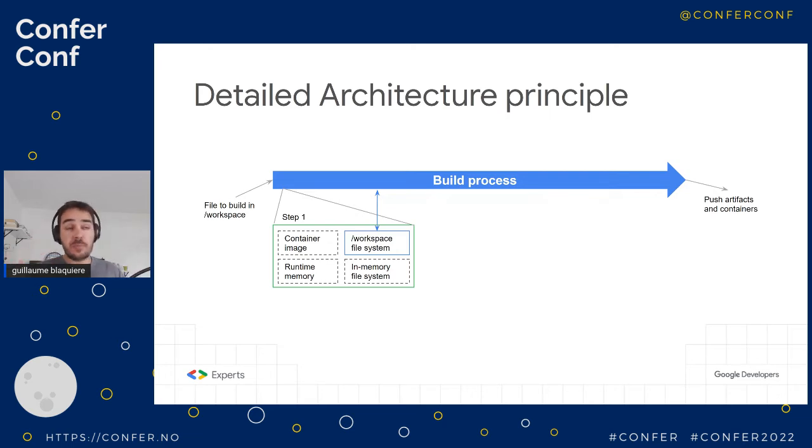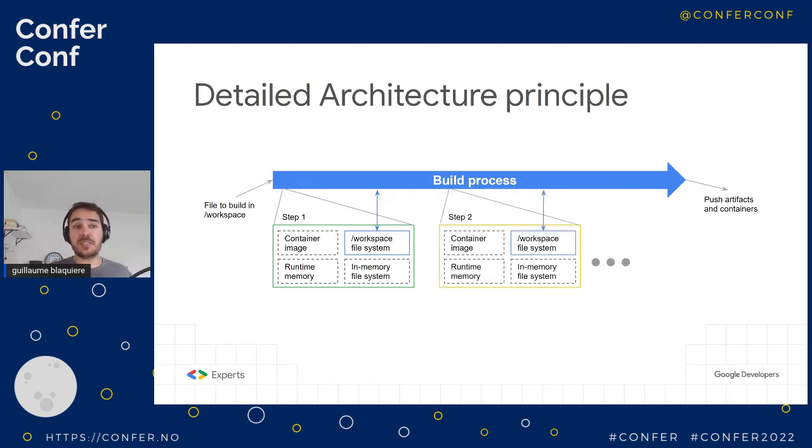When you perform your action, maybe in Java, you will build a jar, and you want to go to step 2 to deploy your jar or to push your jar to Artifact Registry. You do the same thing. You load another container, maybe a gcloud container to perform a gcloud command to push your artifact to Artifact Registry. And again, the container runs in memory with an in-memory file system, and only /workspace is mounted on the container. And you repeat all these steps one by one.